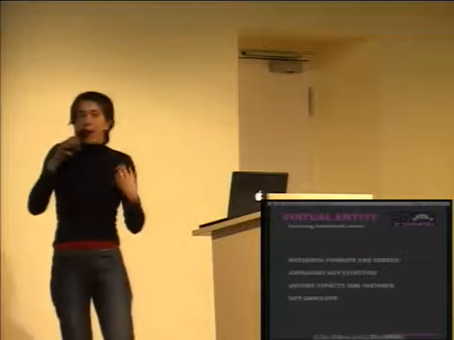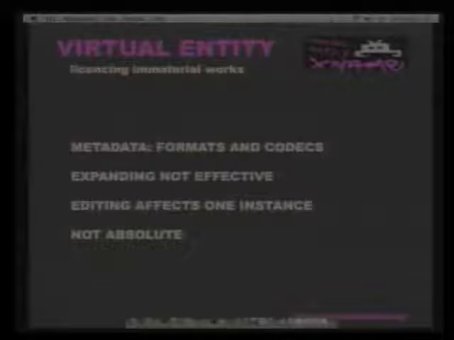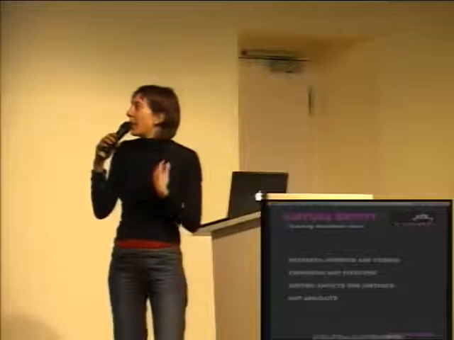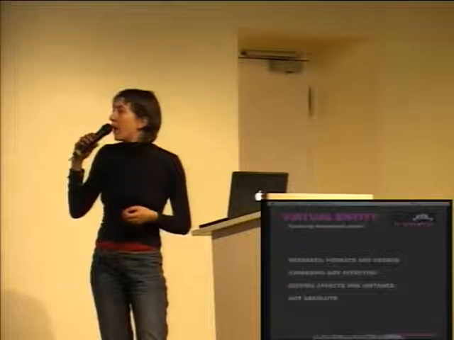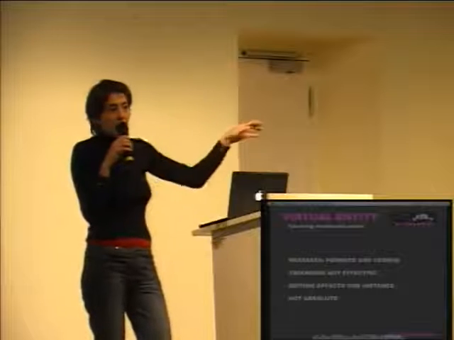And I think metadata have a limit because they depend on formats and codecs, and they cannot be expanded. Of course, I can expand metadata on a single file, but it will not be effective because we have one file and all the copies, no?